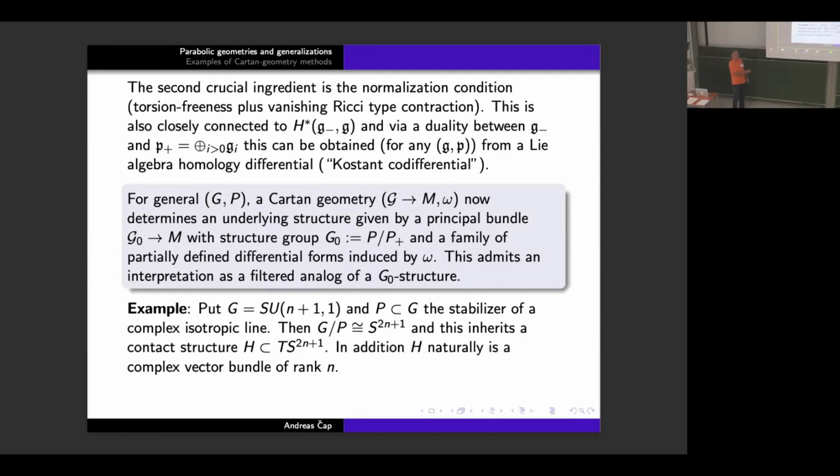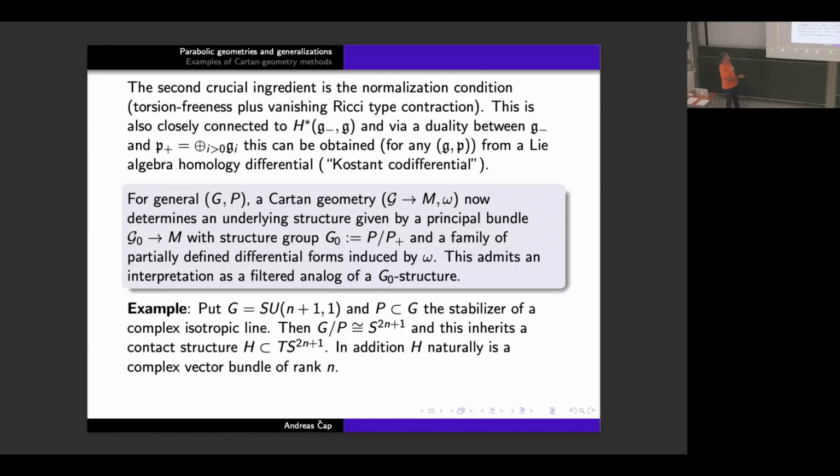So this acts on C^(n+2), and in there is a null cone consisting of complex lines. If you projectivize this null cone, then this space of null lines again happens to be a sphere. This time a sphere of odd dimension, because it's a unit sphere in a complex vector space.